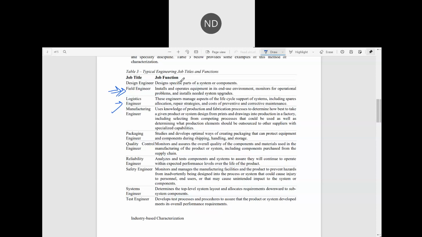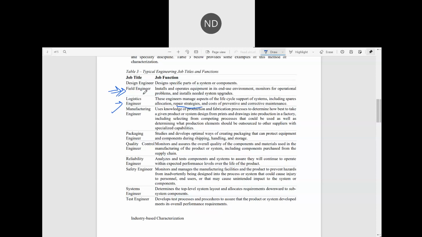There are different types of excavators, like wheel-based excavators and crane excavators. So when one gets defective, or there is some requirement for repair works, the strategies are made by your logistic engineer.